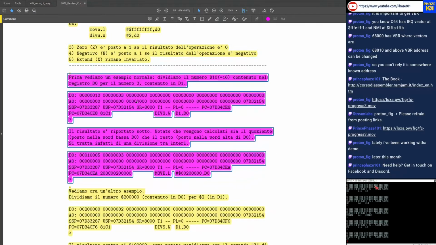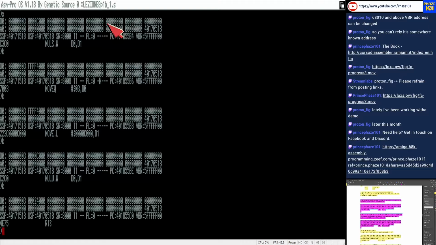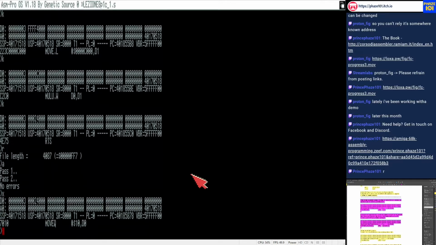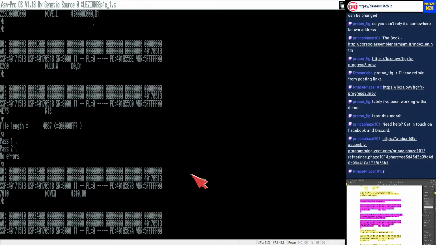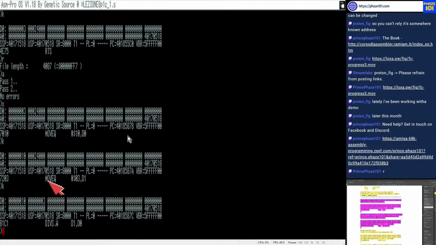So let's jump to the Amiga now and try the examples. If we assemble, execute, display the registers, and then K. So we move 10 into D0.